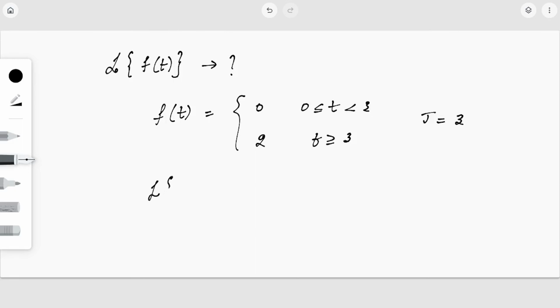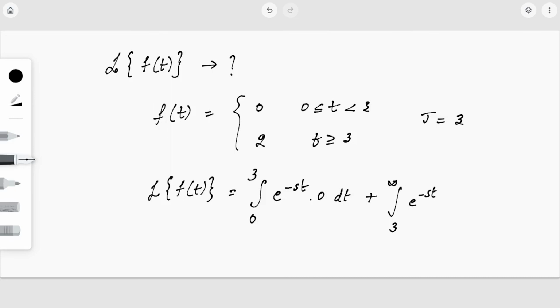So the Laplace transform of f of t is nothing but, I am writing it directly, the integral from 0 to 3 of e raised to minus st into f of t, plus the integral from 3 to infinity of e raised to minus st into f of t. When t is less than 3 the function is 0, and when t is greater than or equal to 3, it becomes 2.